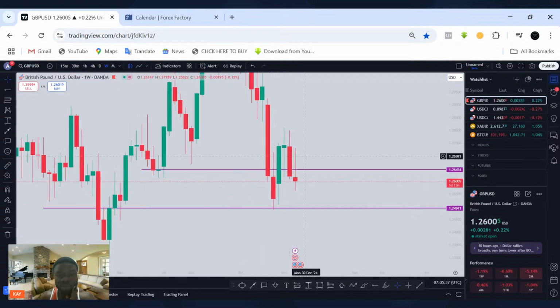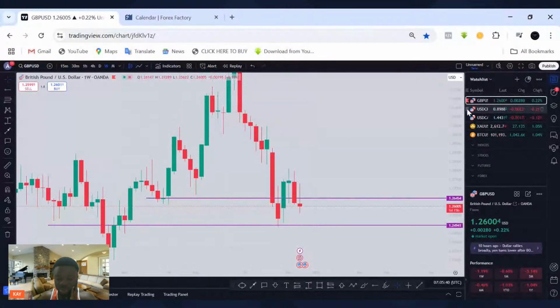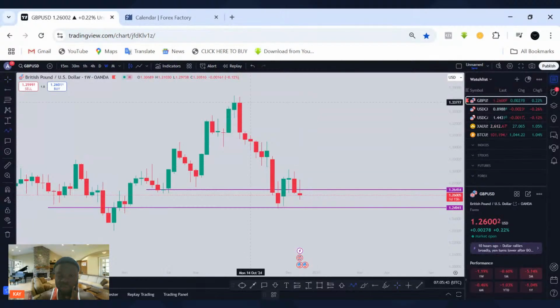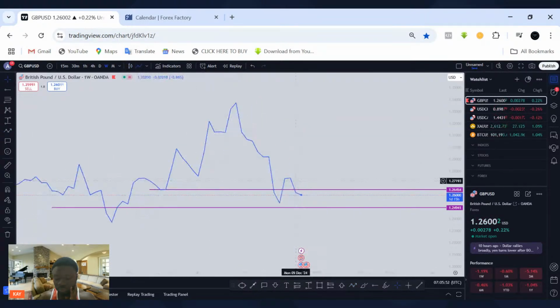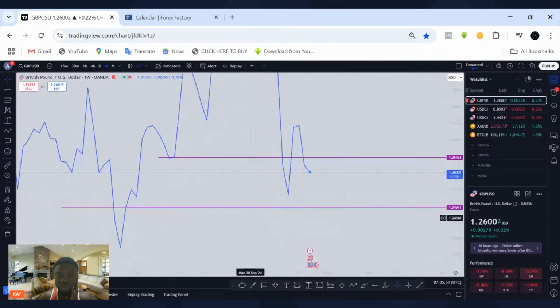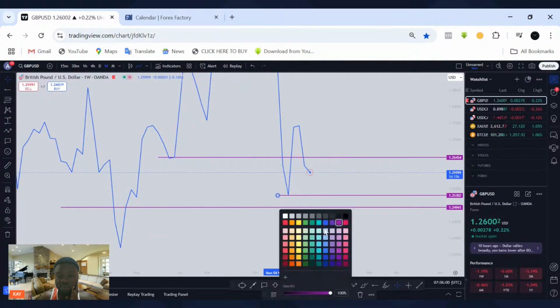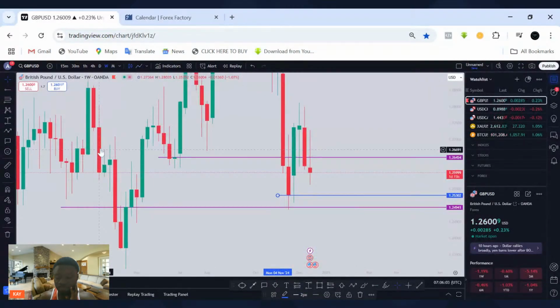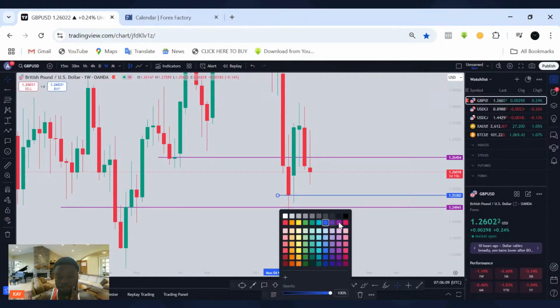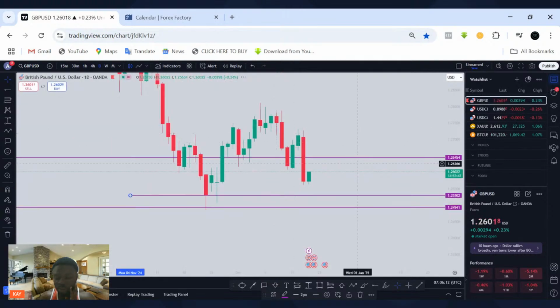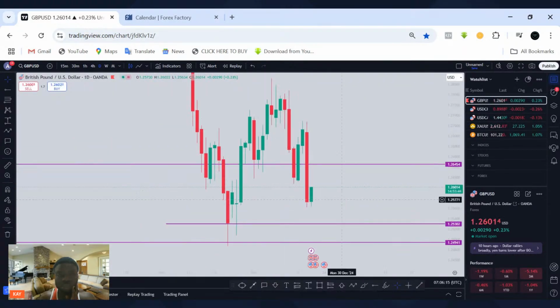Looking at the weekly time frame, what is the weekly trend? A downtrend. If you can see it well, price is in a downtrend. You get it? Then looking at the daily time frame, what's the trend?